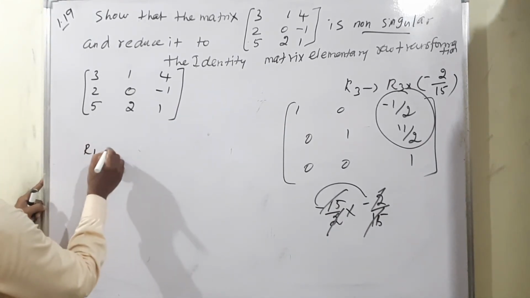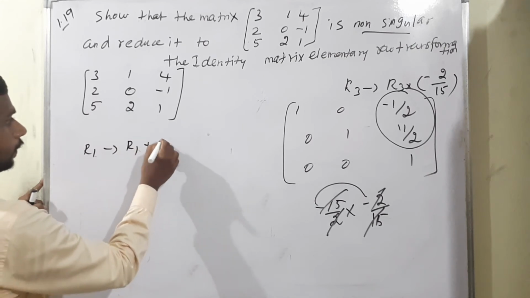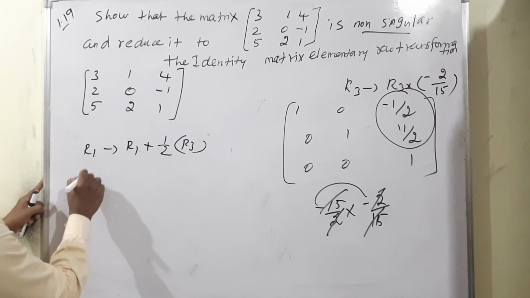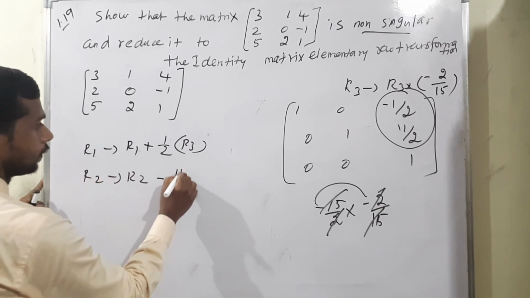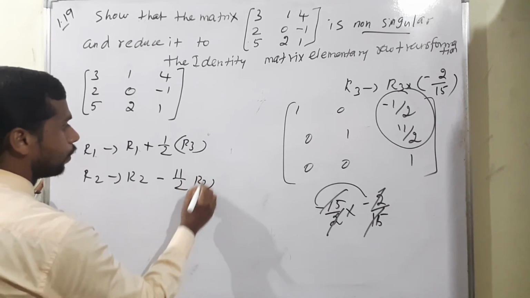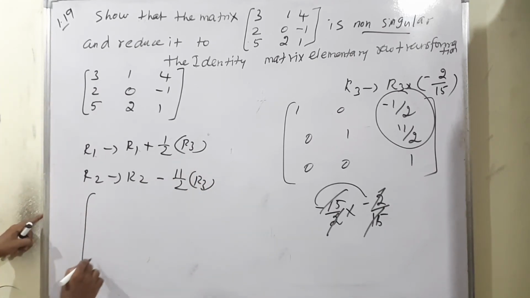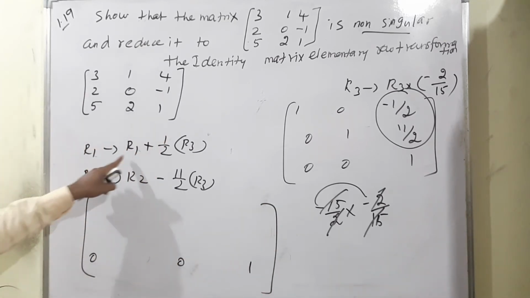First one, R1 gives R1 plus 1 by 2 into R3. Next one, R2 gives R2 minus 11 by 2 into R3. Listen very carefully, R3 as it is. What is R3? 0, 0, 1.